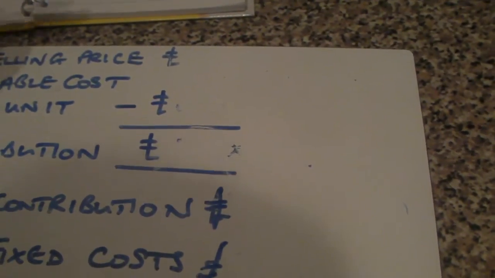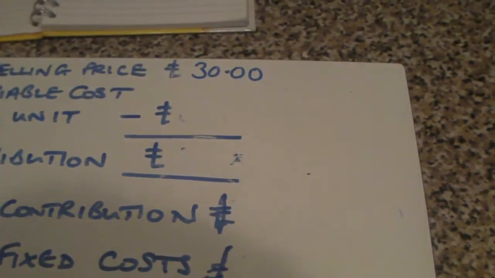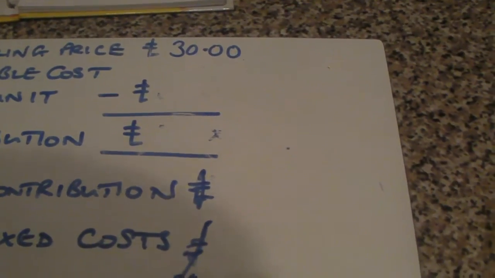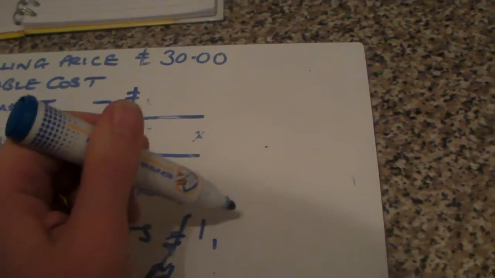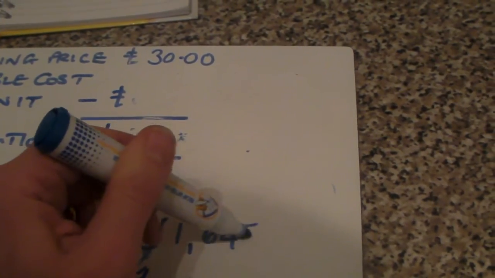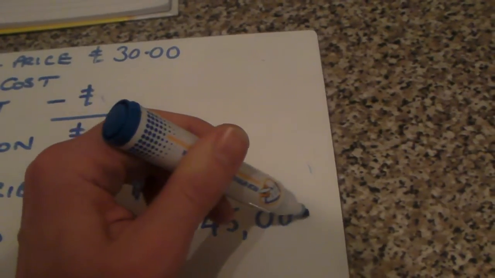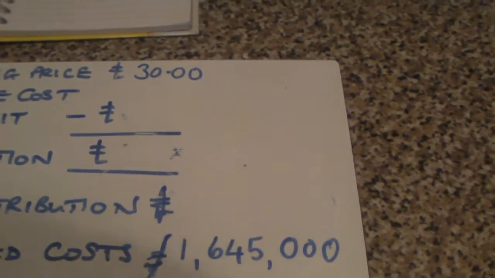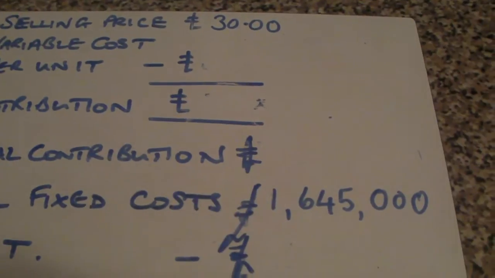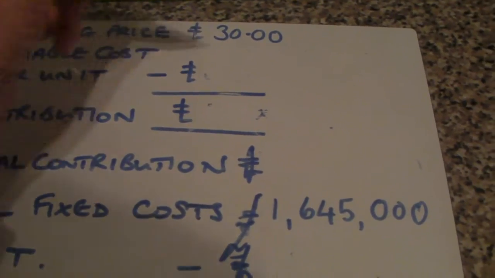Okay, and they're looking to sell this new game for a price of £30. And in developing it, they've incurred fixed costs of £1,645,000. Now their variable cost for making the game is £12.50.